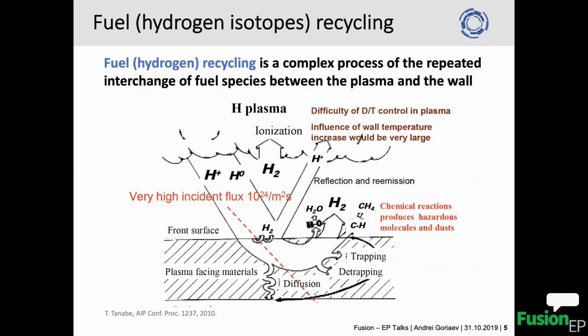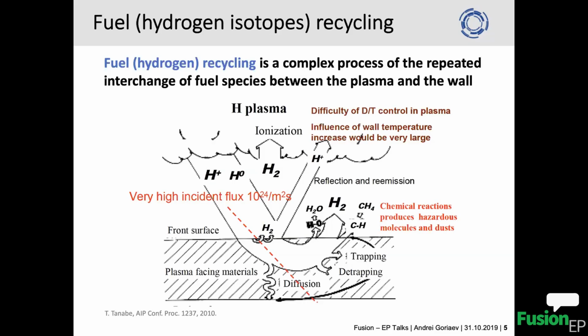You usually have hydrogen or an isotope of hydrogen as your fuel, and anyway you cannot avoid the interaction of the fuel, like plasma species, some ions and mostly neutrals, with your plasma-facing components. Depending on the energy and all other parameters, we will have plenty of effects on the surface of your plasma-facing material.